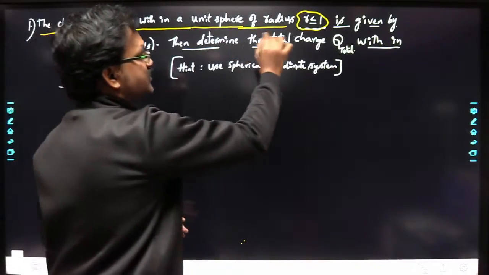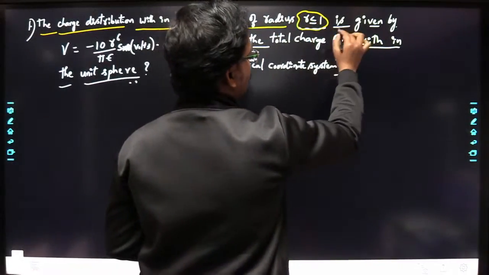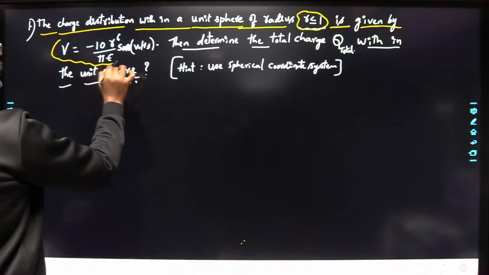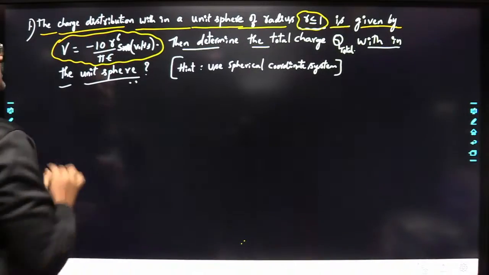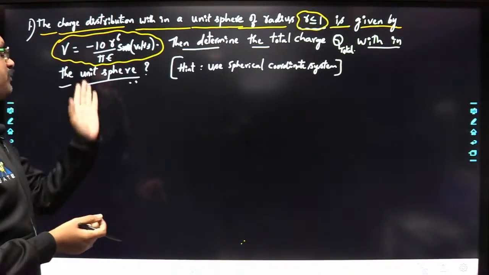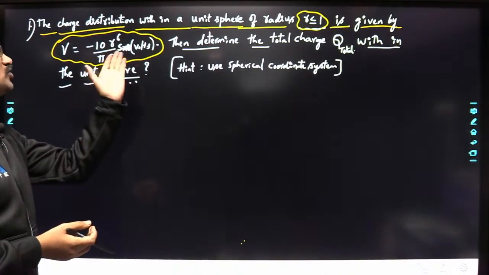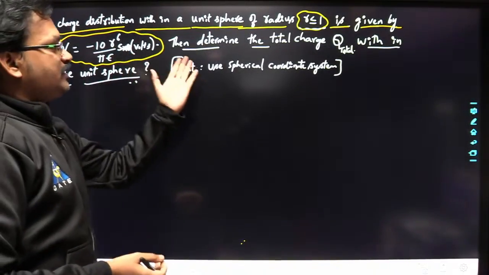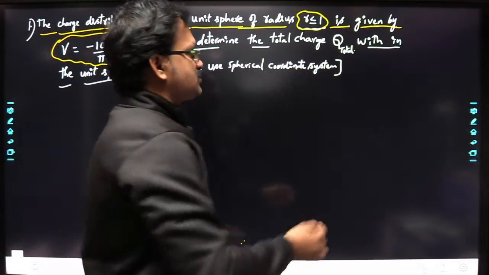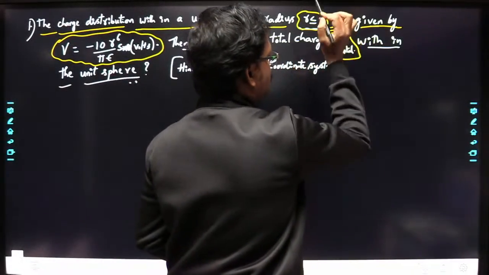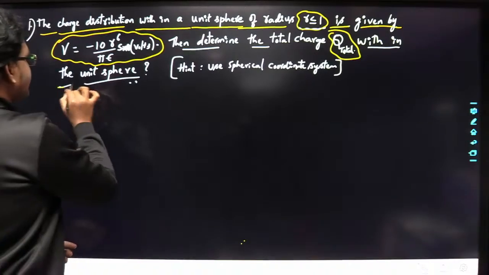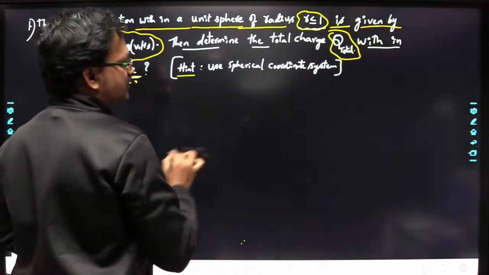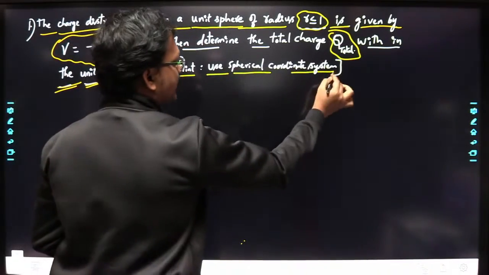It is given by V is equal to minus 10 r power 6 by pi epsilon sine theta volts. Then determine the total charge Q total within the unit sphere. They have given a hint: use spherical coordinate system.